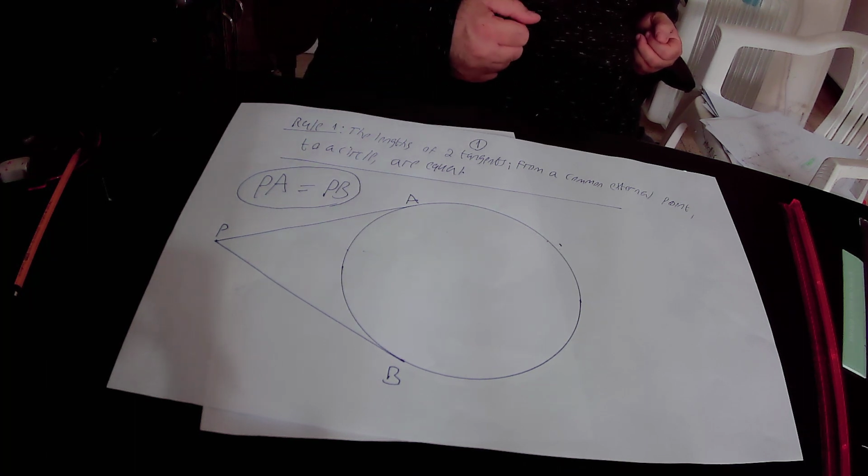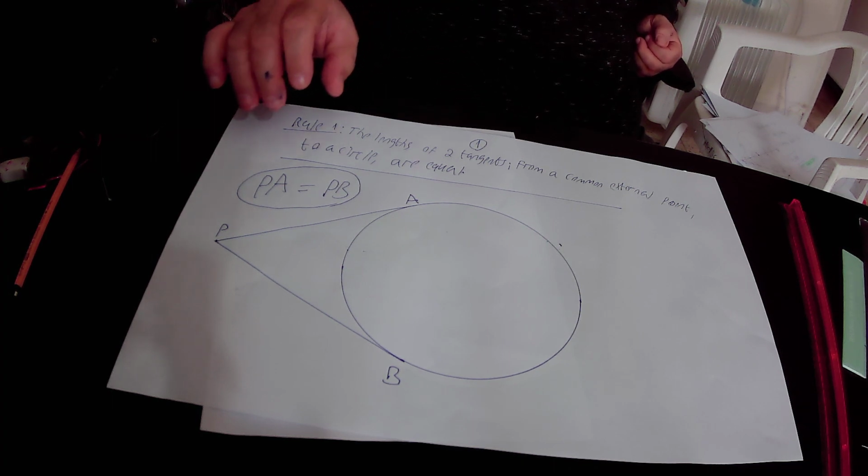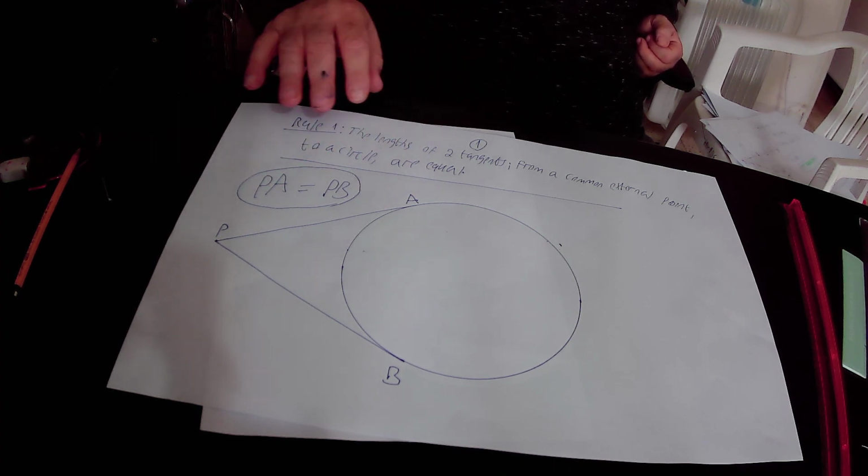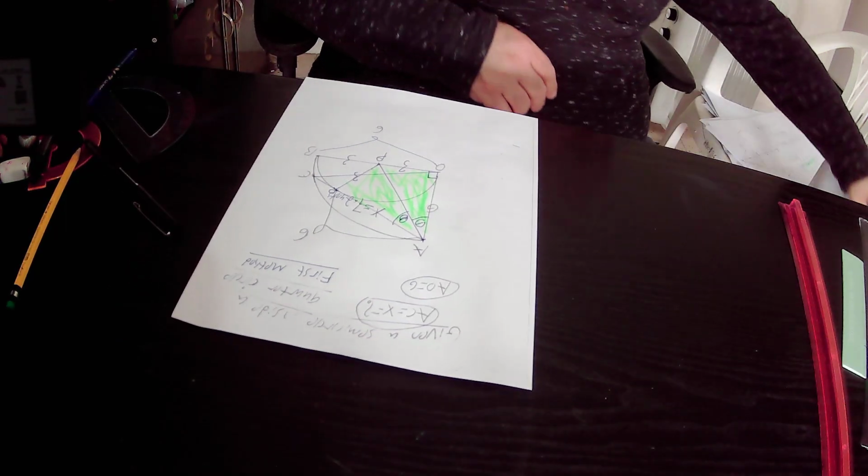So whenever you draw two tangents to any circle from a common external point, the lengths of those two tangents will be equal to each other. In this case, PA equals PB. Okay, so we can implement rule number 1 in our drawing. Why?